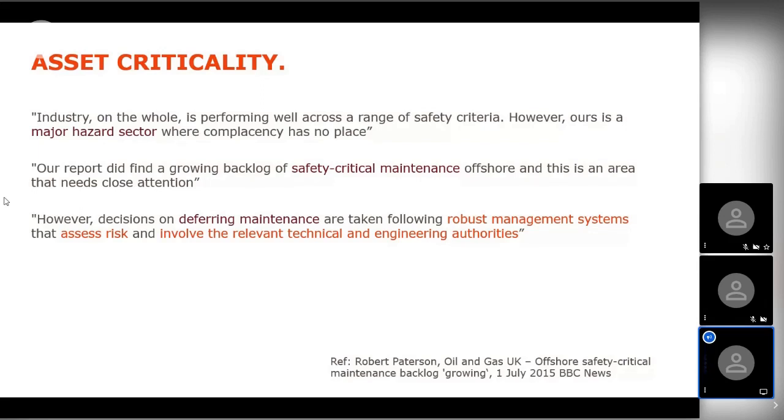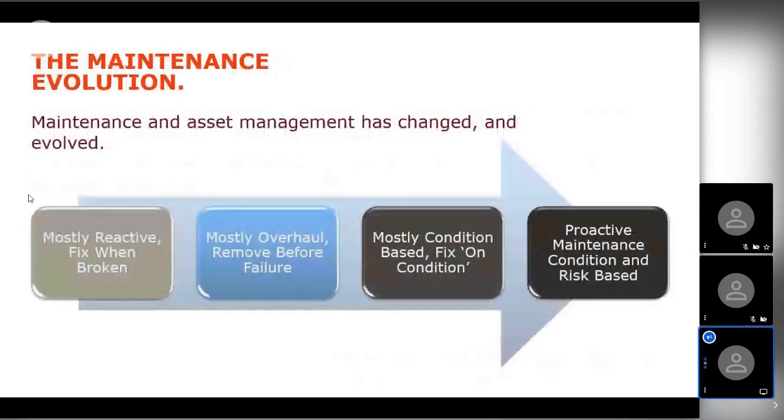As long as we involve these people, we have good systems and we assess the risk, there's nothing wrong with deferring maintenance or changing our plan in the first place. It's been really tough for most businesses in the last 12 months to get maintenance done, particularly offshore, because they can't travel. So they've had to do this same thing 6 years later, and it's going to keep on coming through.